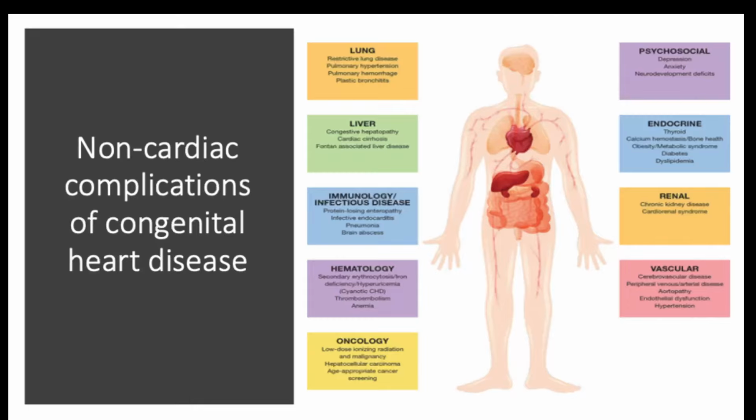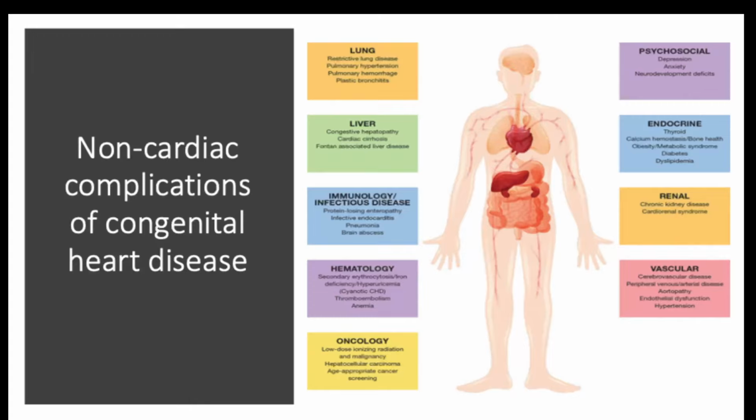So this is an aseptic bronchitis that occurs due to this increase, a continual increase in pulmonary blood flow, and by definition, a bit of pulmonary edema and secretion retention. The liver, they get a congestive hepatopathy, they get cardiac cirrhosis, and there is something called Fontan-associated liver disease, which we'll speak about.